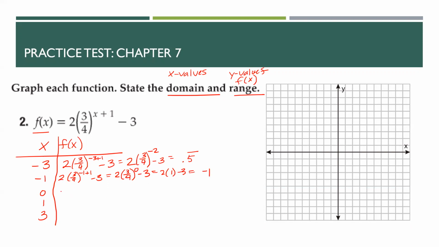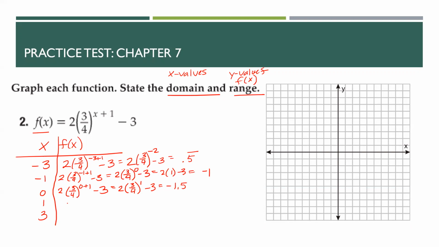When you plug in 0 for x, 2 times 3/4 to the power of 0 plus 1 minus 3. So the exponent for 3/4 is now going to be a +1. And then 3/4 to the power of 1 is 3/4, times 2 minus 3 ends up being -1.5.